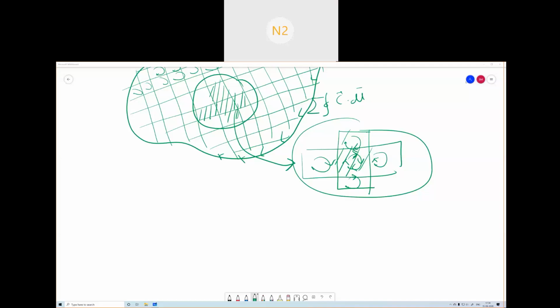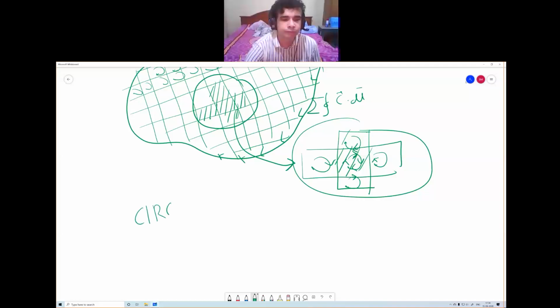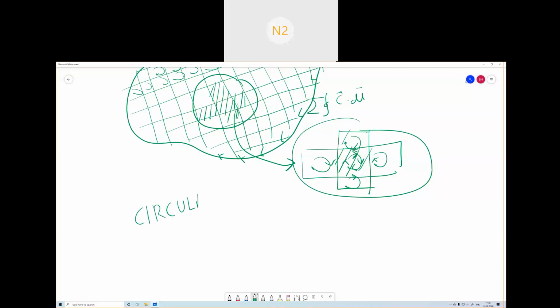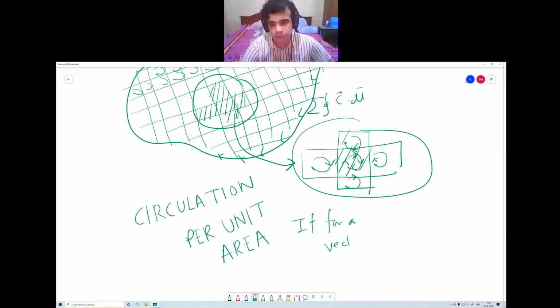Curl is simply this. If the curl of a vector C is 0, then what do we call vector C?